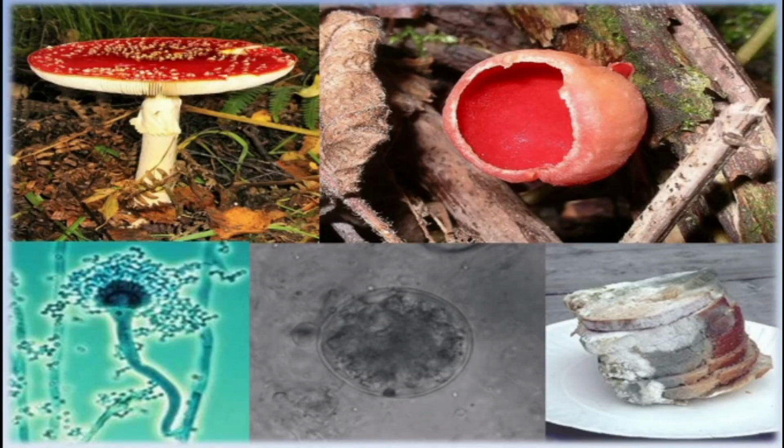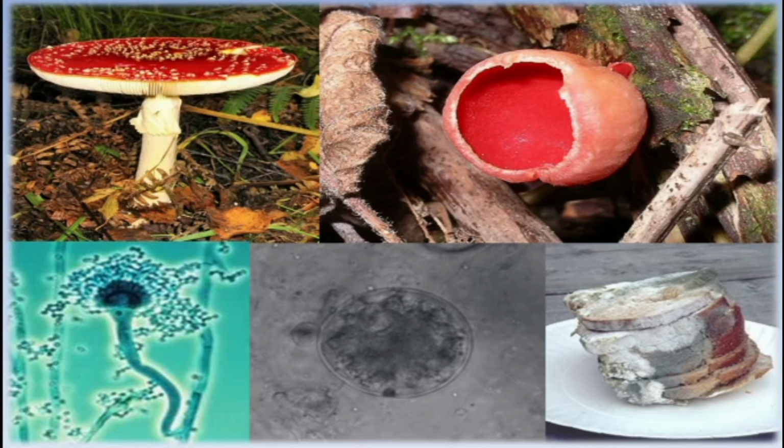In this picture, you will observe different kinds of organisms that grow on dead leaves and wood material, and even in some food items, and some of the organisms are microscopic.